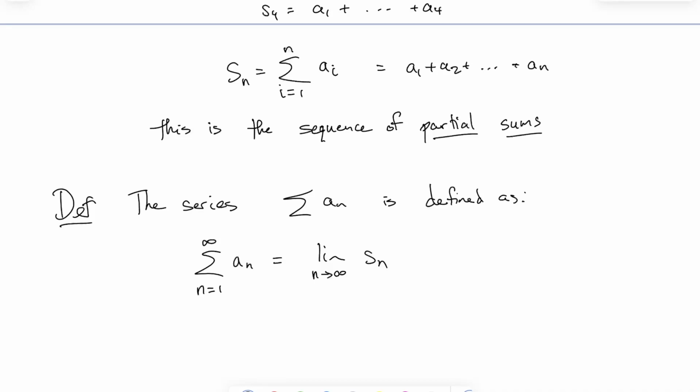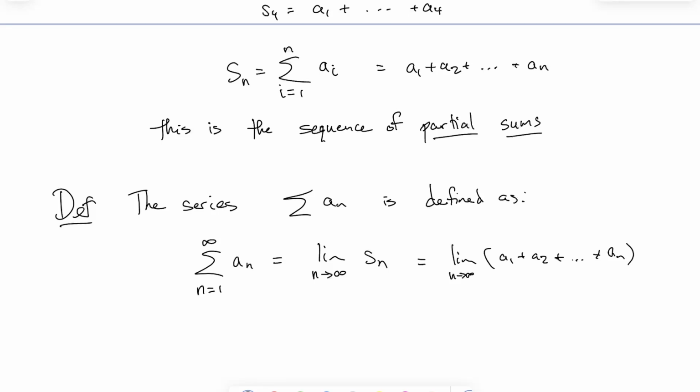We mean you consider these partial sums, which only go so far, but then you take a limit as n goes to infinity of that sequence. And this is something that we already know how to discuss, because that's the limit of a sequence, which is what we've been talking about for the past couple days. This is another way to write this: a1 plus a2 plus etc. down to a_n.